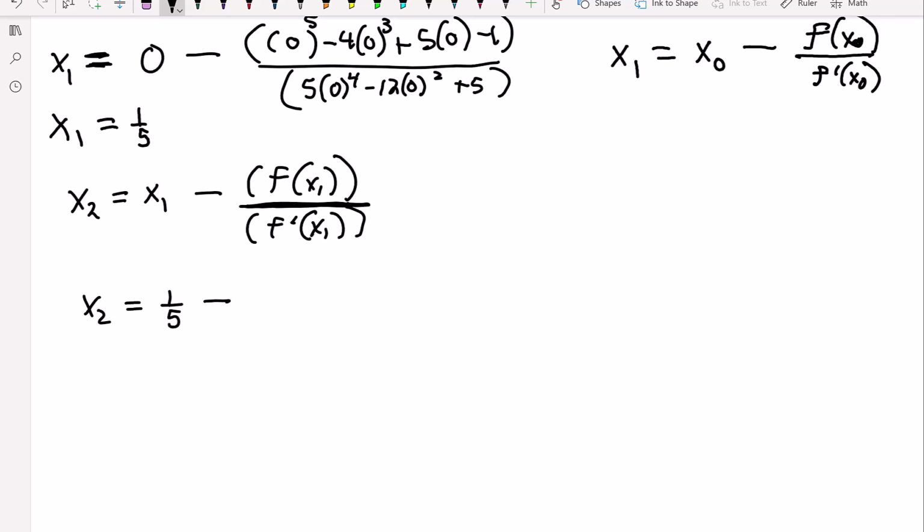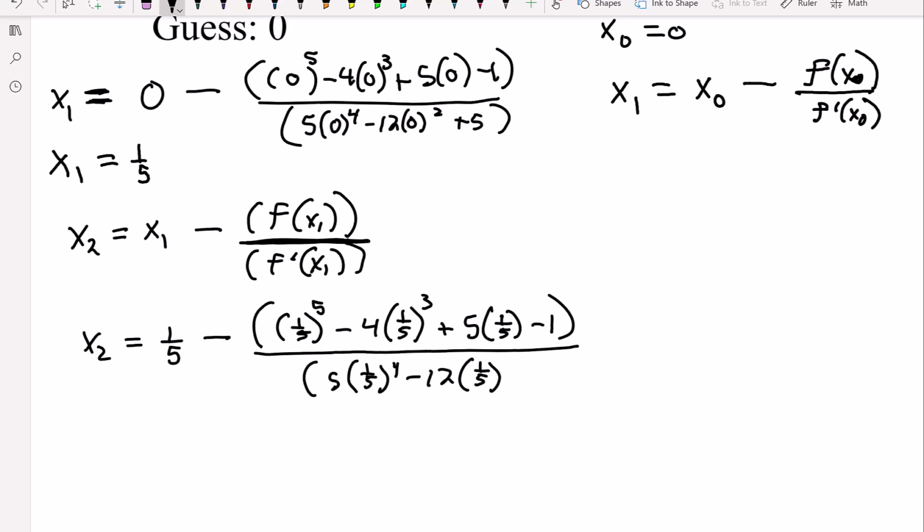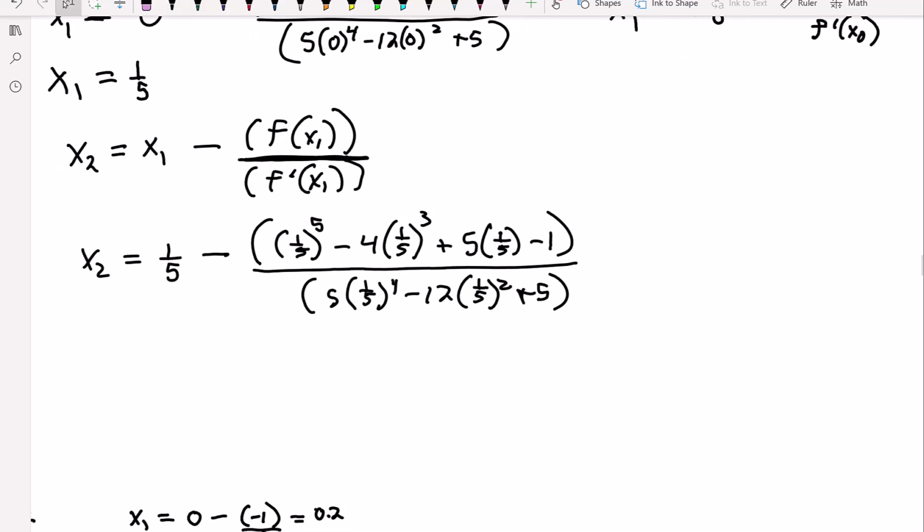So 1/5 minus, and we've got, oh geez, this is a hassle. 1/5 to the fifth minus 4 times 1/5 to the third plus 5 times 1/5, subtract 1, all over 5 times 1/5 to the fourth minus 12 times 1/5 squared plus 5. I'm going to let you finish that one, and then that will be the x2.